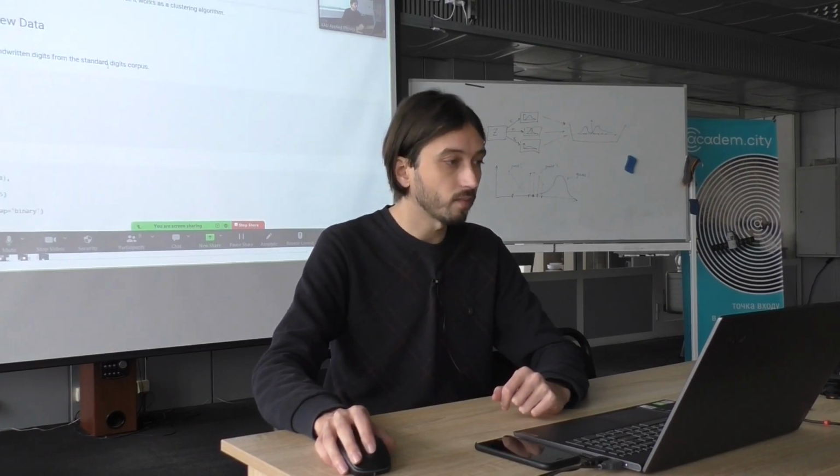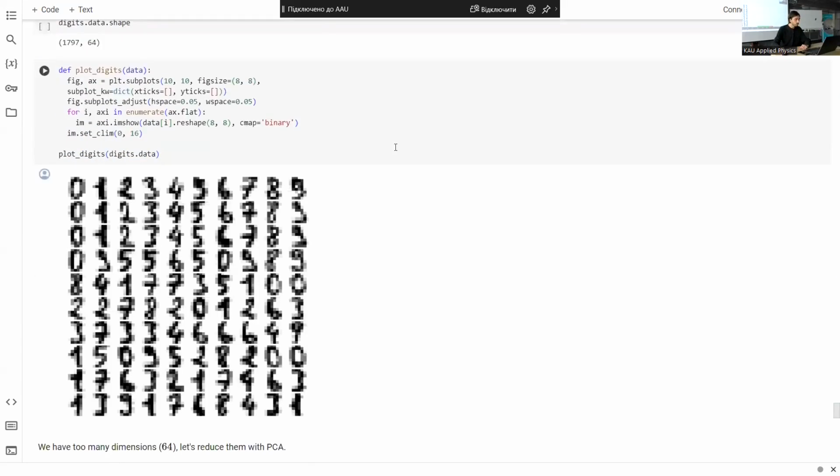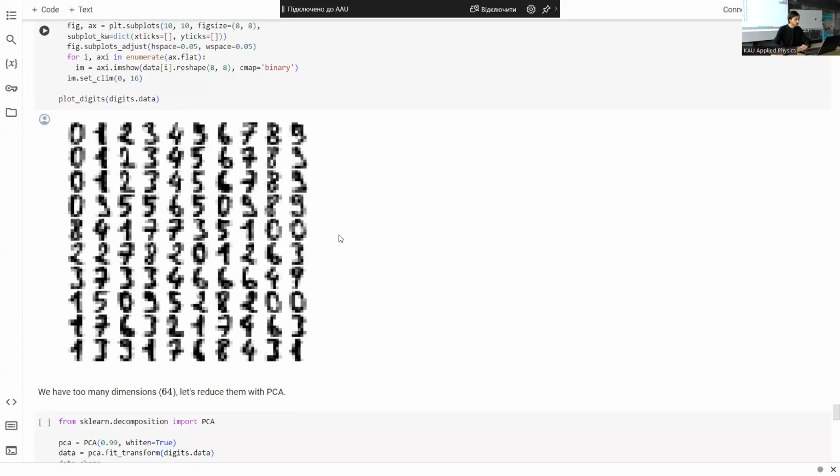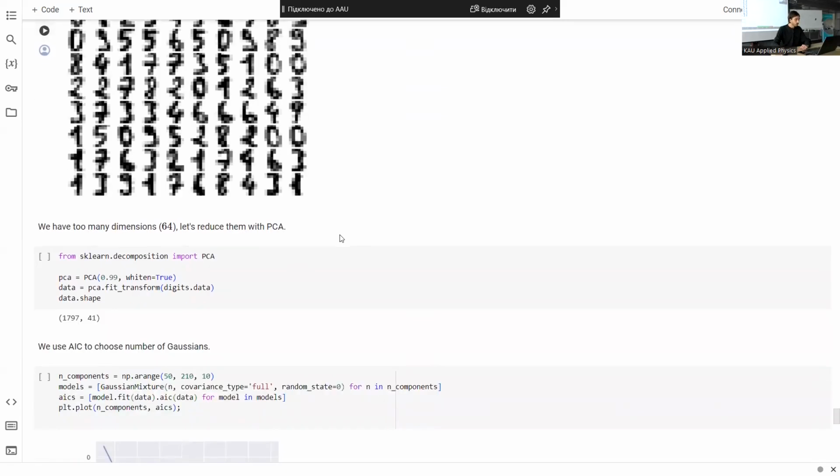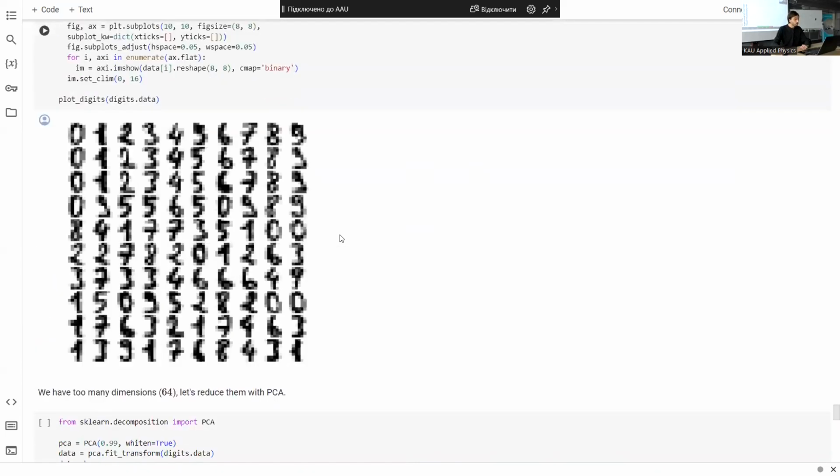Okay, now the last example for today. Let's generate some new data with GMM. We use our data set that we all know and love, the MNIST digits. So here is my data set, and here is how it looks. And what do I want to do with that?